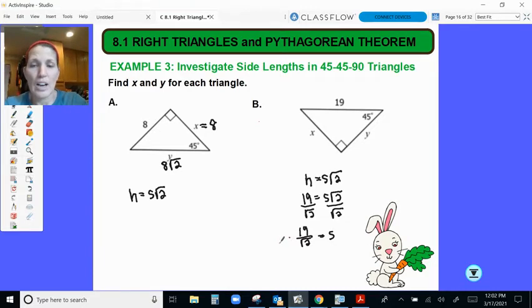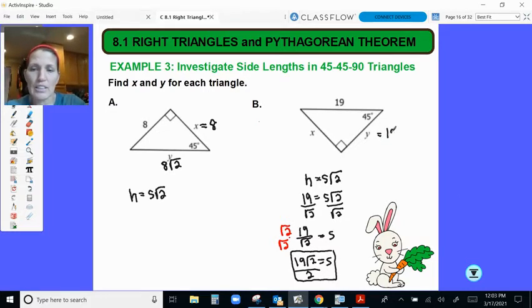I'm going to multiply the top and bottom by the square root of 2. That leaves me with my side length equal to 19 times the square root of 2 over the square root of 4, which is just 2. So this side is going to be 19 square root of 2 over 2.